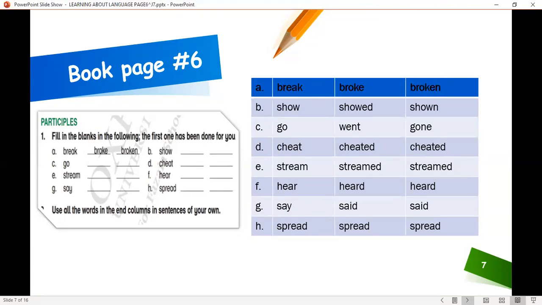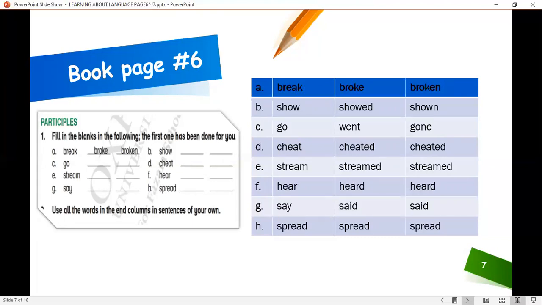The verb go is the base form of past tense form went and the past participle form gone. The verb cheat is the base form of verb cheated and past participle form of the verb cheated. Rest of the verb will also be done like this.